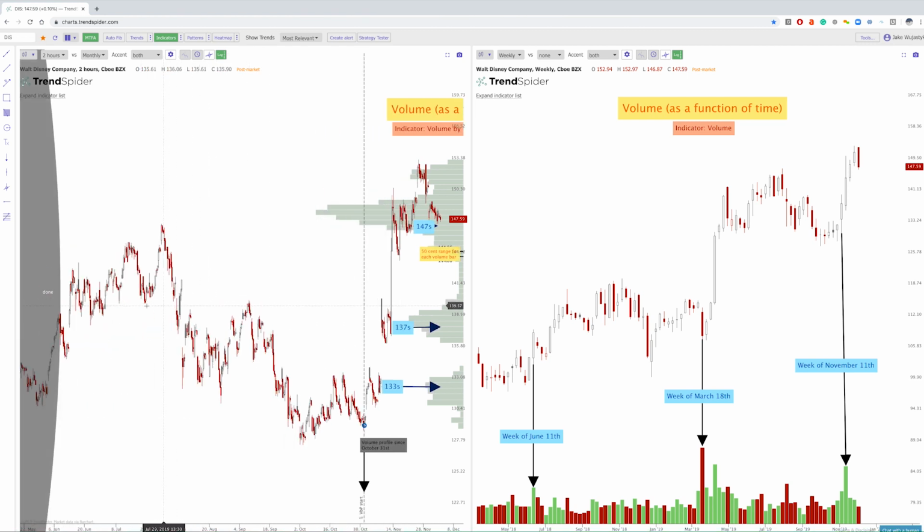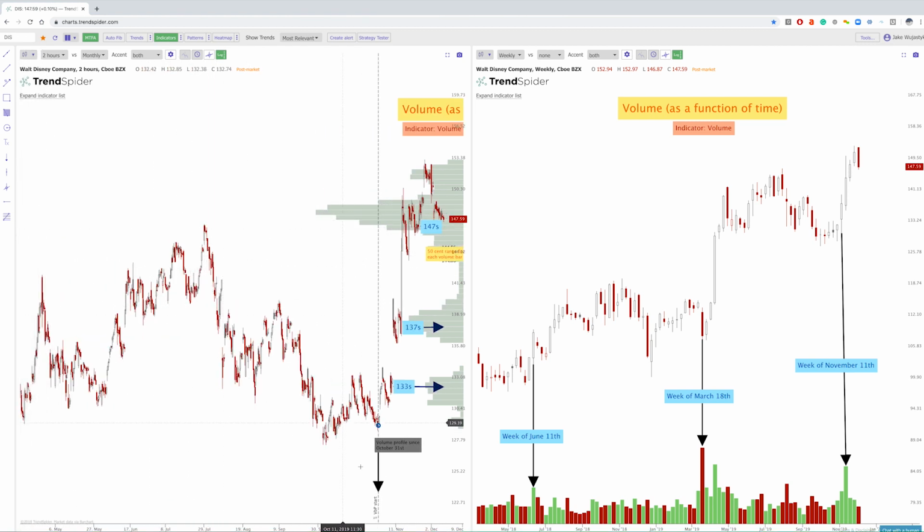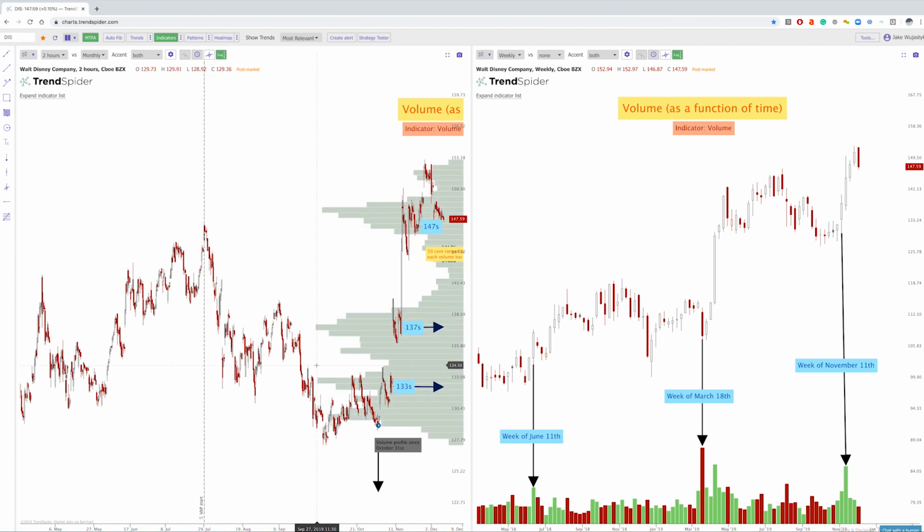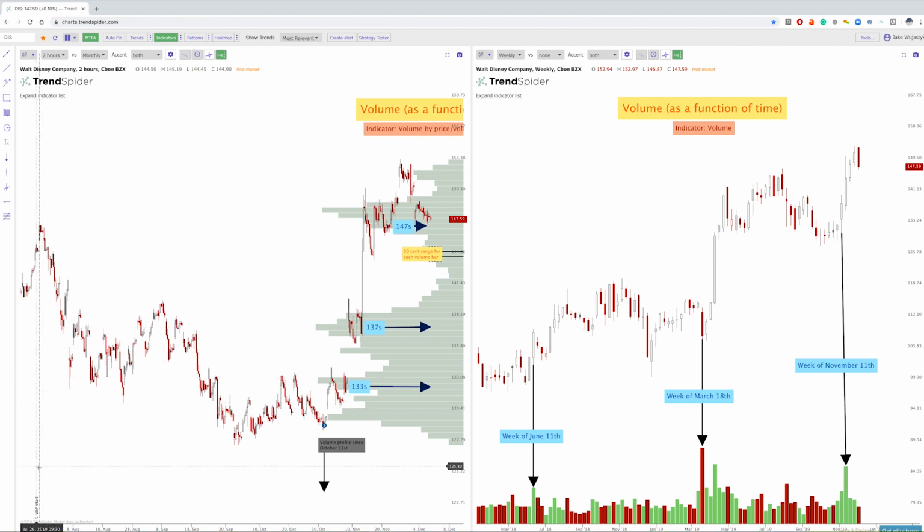Let's say in this particular area right here, maybe I want to start the volume profile from this big move down, and then we can see, from July 29th, a lot of the volume is holding in the 133s and 137s, but there is also quite a bit of volume in the mid-145s. I have 147 highlighted here, but it's really from about 149 to about 146 where we have that next blip of volume.